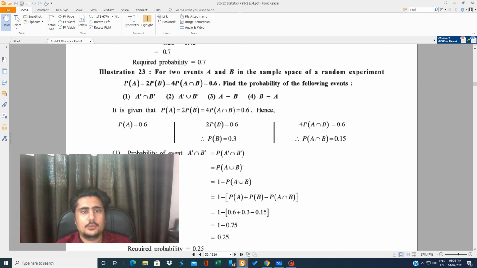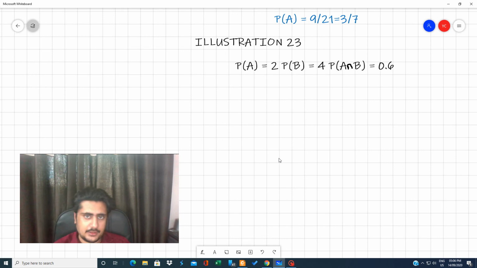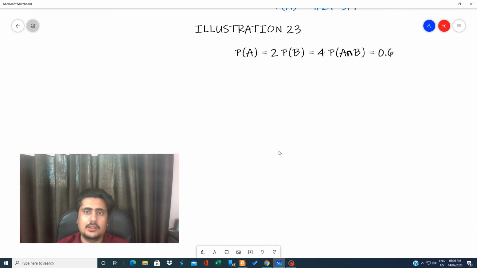Now you need to find P of A dash intersection B dash, A dash union B dash, A minus B, and B minus A. I am writing the question, but first of all, we'll solve some things from the data given.